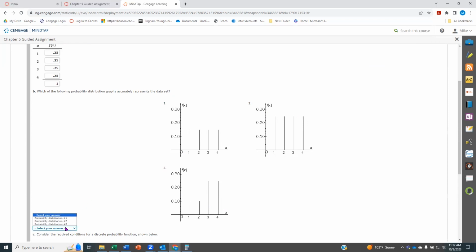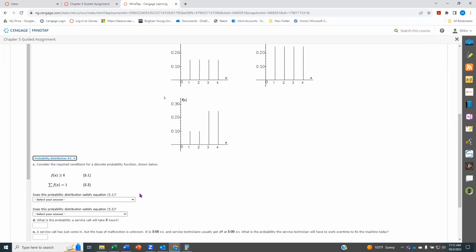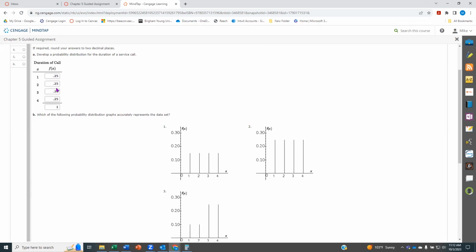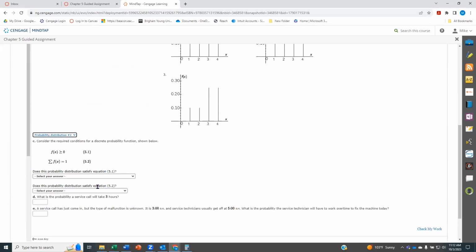So we're going to say number 2. And then it says, consider the required conditions for a discrete probability distribution shown below. The first, f of x is greater than or equal to 0. So for each of these, our f of x is greater than or equal to 0. So we'll say equation 5.1, yes, it satisfies that.